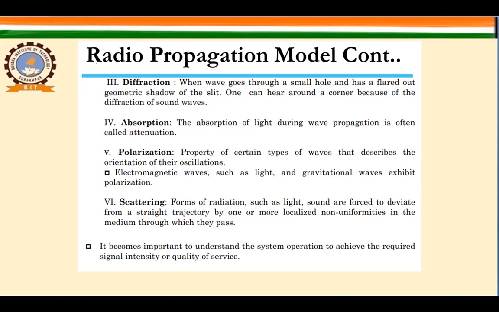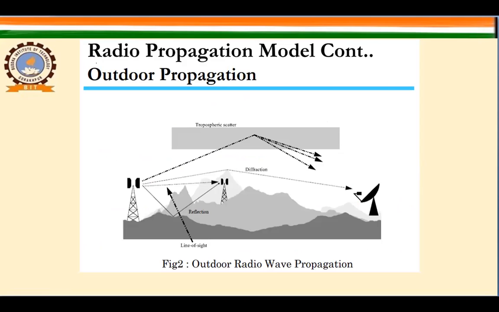Therefore, they are scattered in a free medium in all possible directions. It becomes important to understand the system operation to achieve the required signal intensity or quality of service.